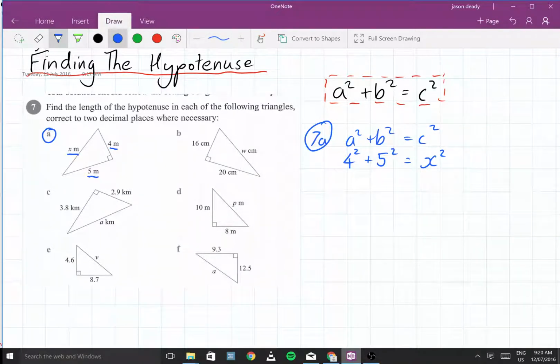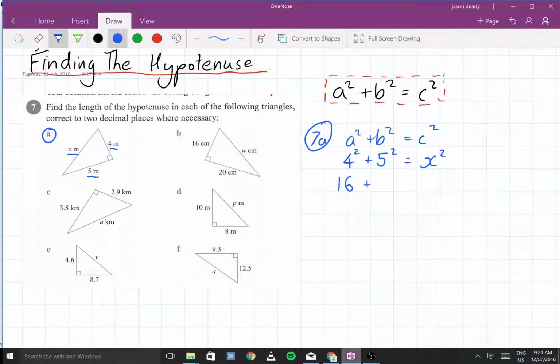Then I look at this line. 4 squared is 4 times 4. I put that into my calculator, 4 times 4, and I get 16. I write 16 underneath, so I can see that 16 comes from the 4 squared.